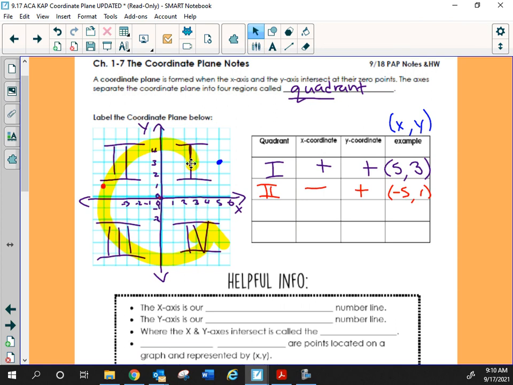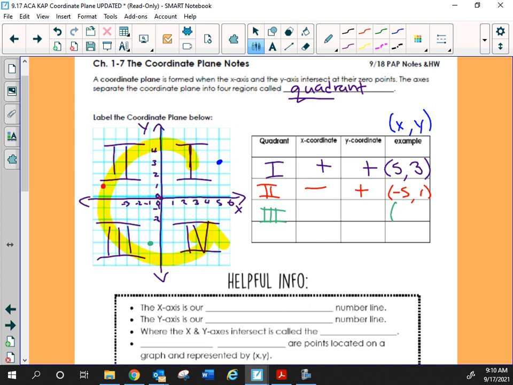All right, are y'all getting the hang of it? Yes. Okay, let's do this one right here. That's going to be my third quadrant. Take a second, see if you can write the ordered pair for that quadrant 3 point. Okay.